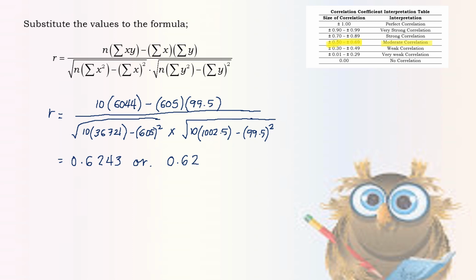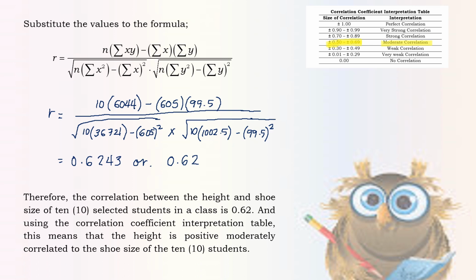How are we going to write our conclusion? Therefore, the correlation between the height and the shoe size of 10 selected students in a class is 0.62. Using the correlation coefficient interpretation table, this means that the height is positively moderately correlated to the shoe size of the 10 students.